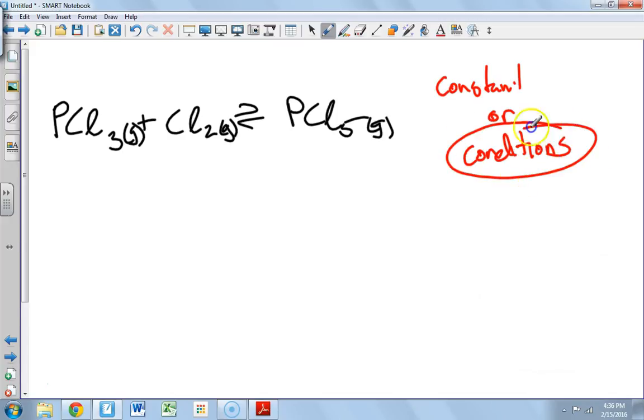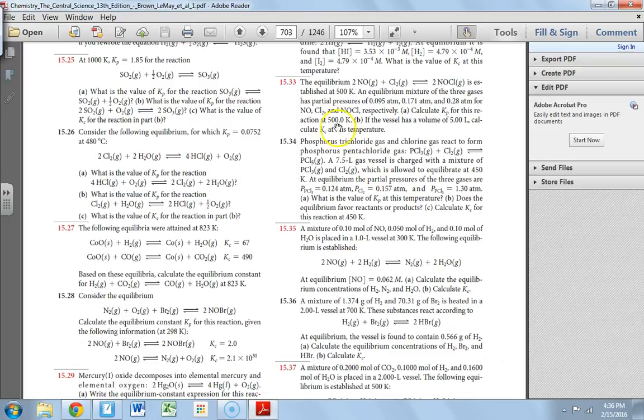If you have the constant, then you have to find the conditions. If you have the conditions, then you can find the constant. You can't do both in a single problem, okay? So when we look back here, it's asking for the constant.